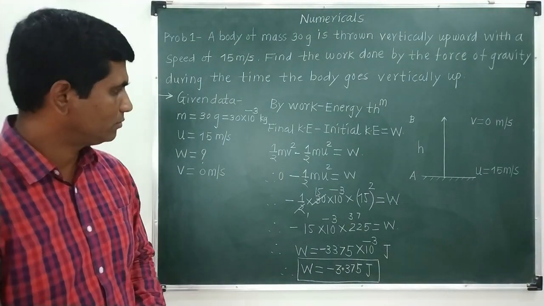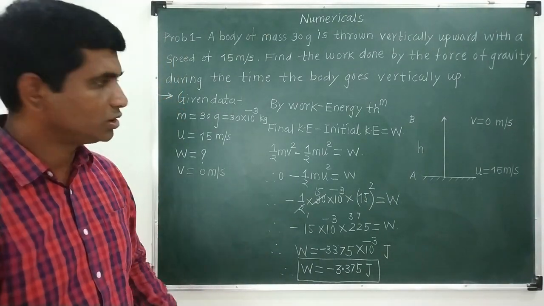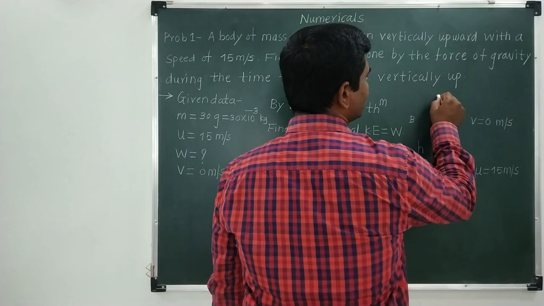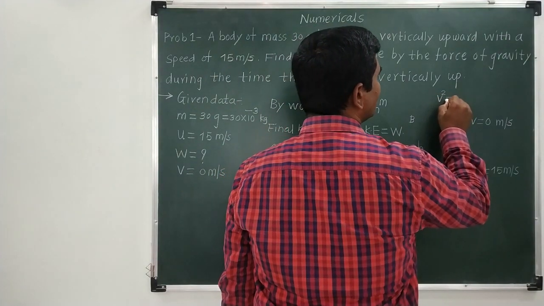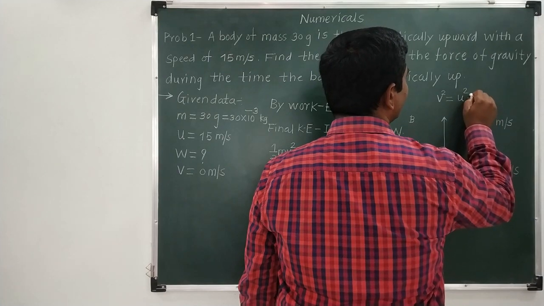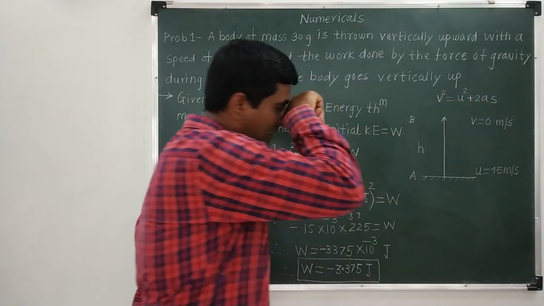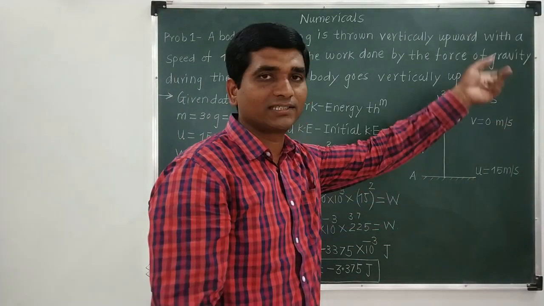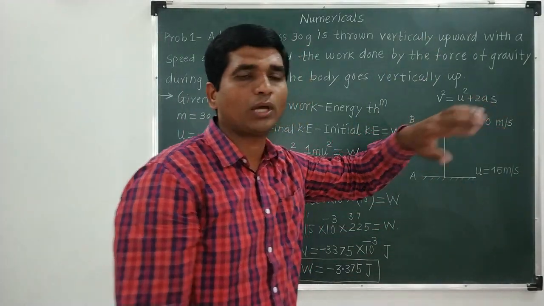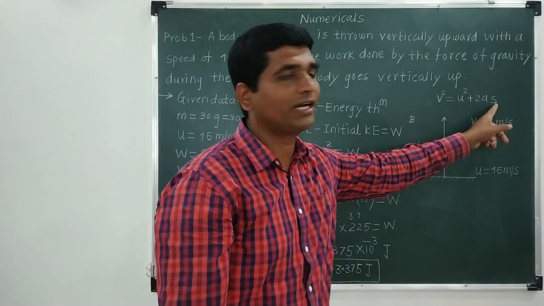And if you want to solve it by another method, you can use the second kinematic equation, which is v squared is equal to u squared plus twice a s. In this case, a is the acceleration due to gravity, which you have to assume as g. If you substitute in this equation, you will get the displacement.